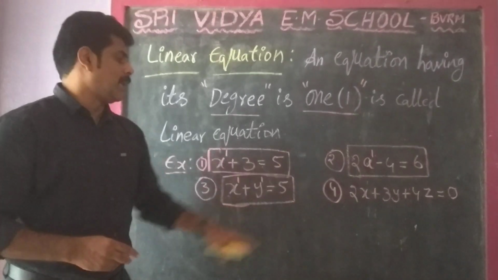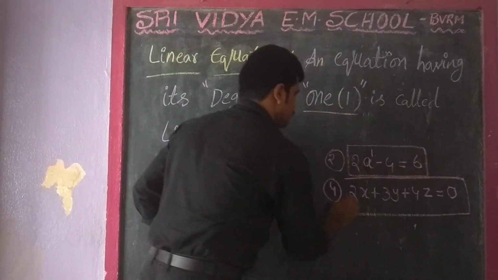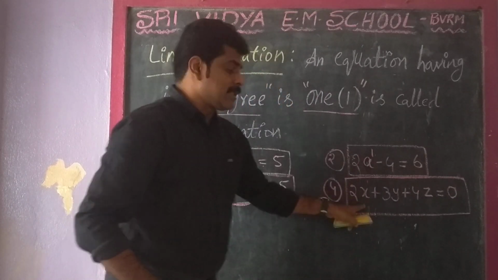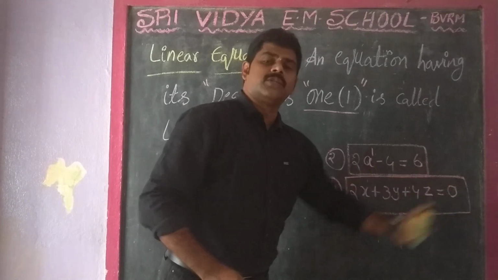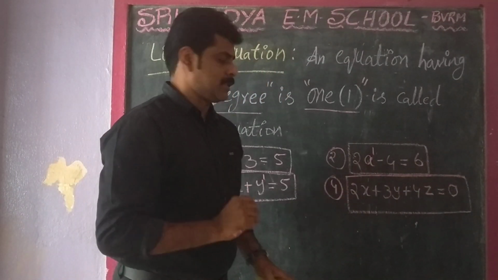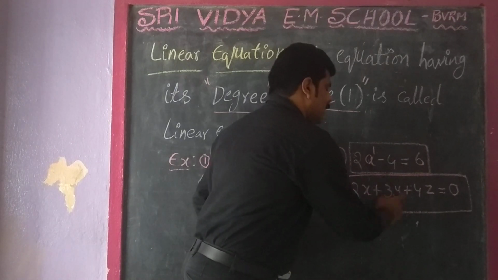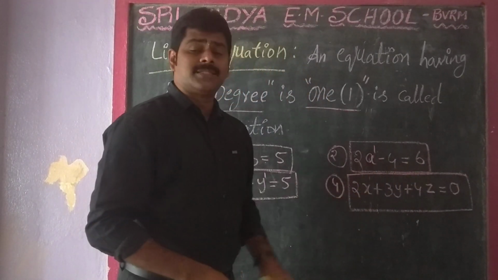Then comes another example. Look at this. 2x plus 3y plus 4z is equal to 0. Here three variables, x, y, z. What is its degree?